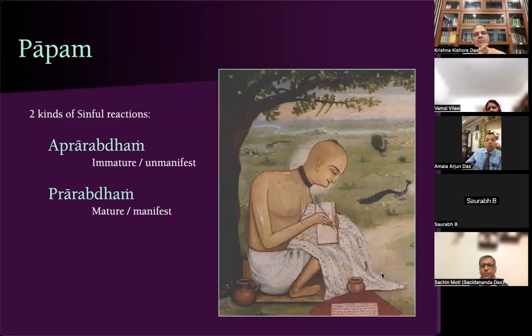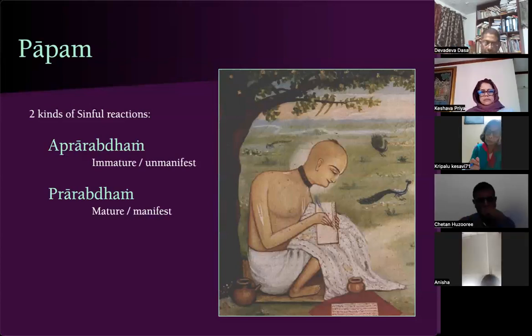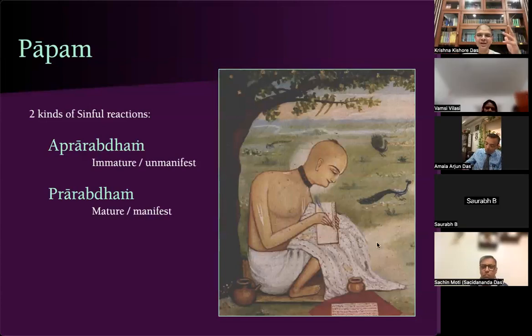All of these come in prarabdha. That means manifested reaction of past activities. But still there is a bunch of aprarabdha karma which will come in future. Maybe in the next life, maybe in this life after some years, after a few months.